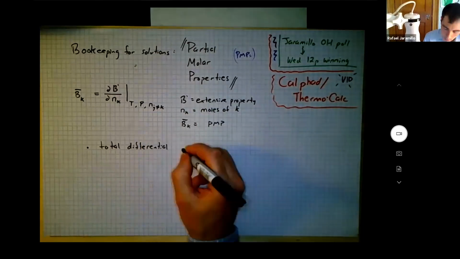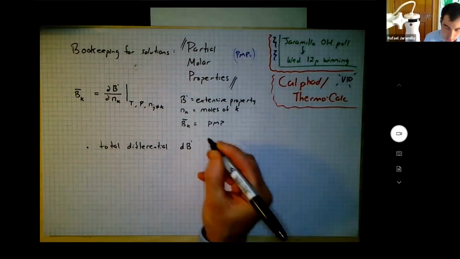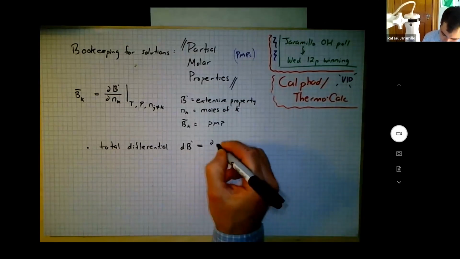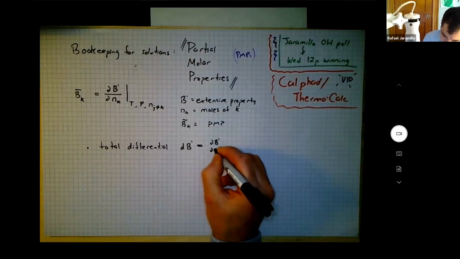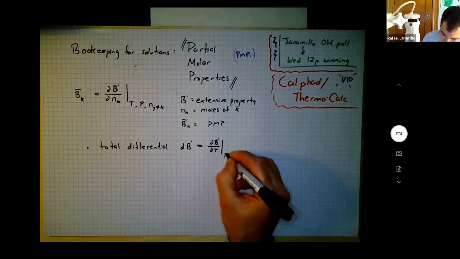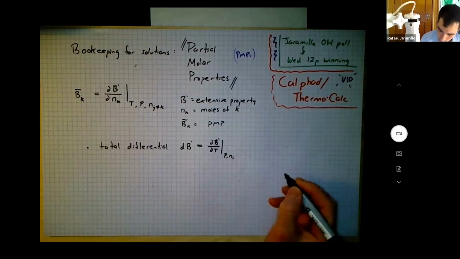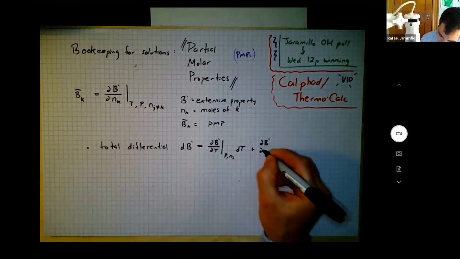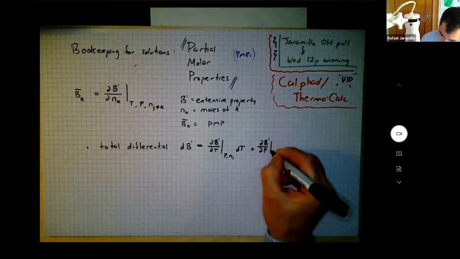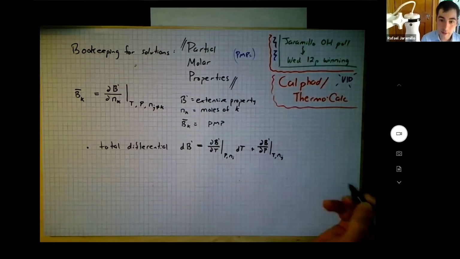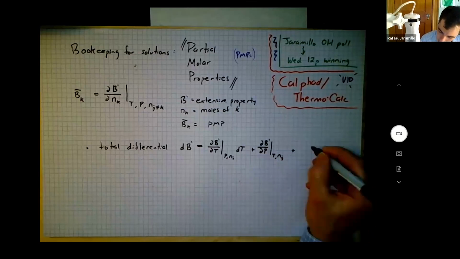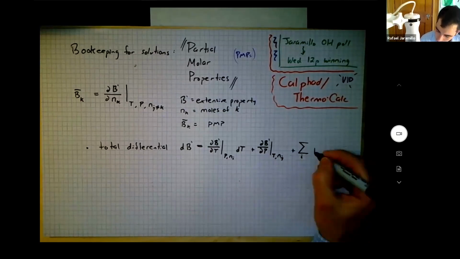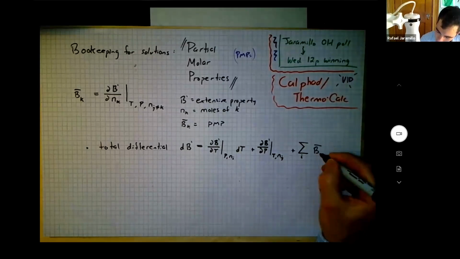We're going to make sure we know what the total differential of property B is. We have these coefficients, dB/dT at fixed P and mole numbers, dT, plus dB/dP at fixed T and mole numbers, dP. And here's where we get to use the partial molar properties, plus sum of B_i dn_i.